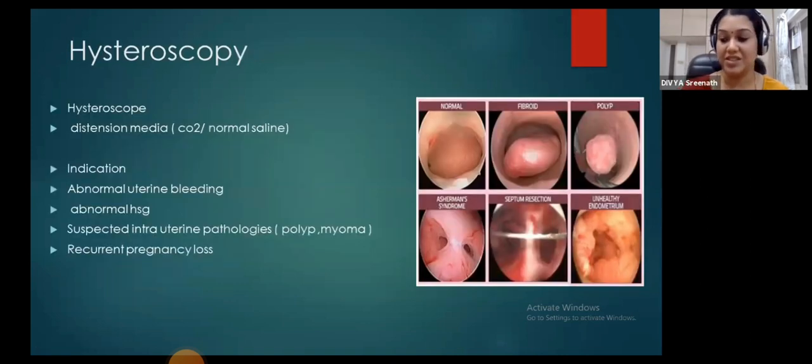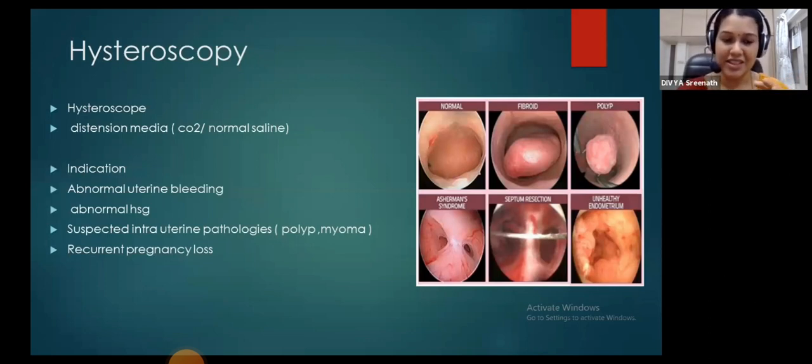The next investigation is hysteroscopy. Like laparoscopy, the hysteroscope, an instrument, is passed inside through the cervix. After the lithotomy position, after the Cusco's speculum is inserted, this hysteroscope is passed inside the cervical opening, and a distension media like carbon dioxide or normal saline is inserted.